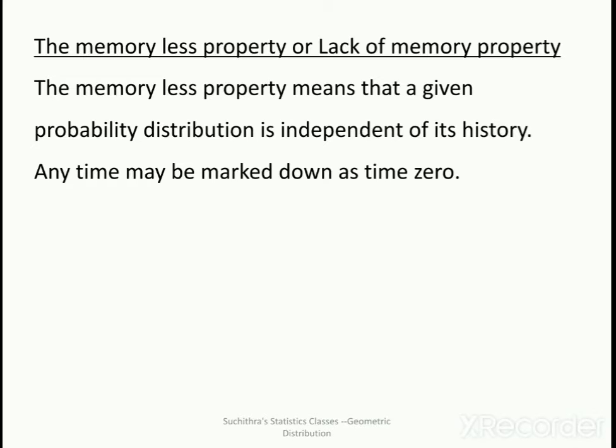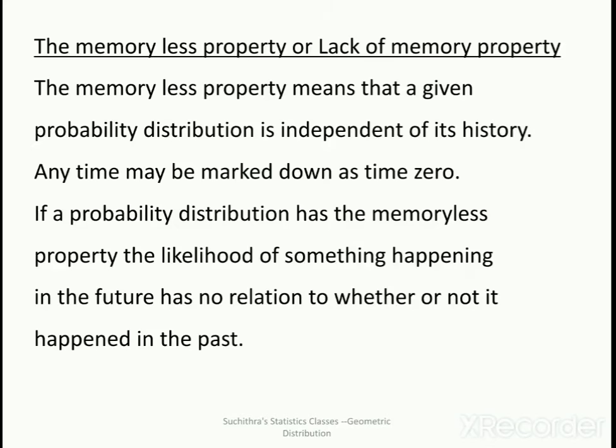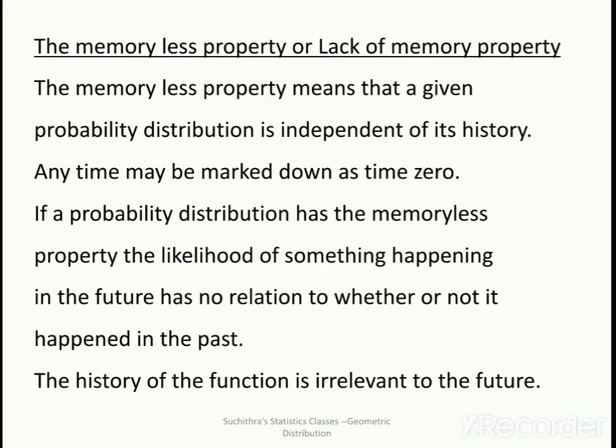Any time may be marked down as time 0. If a probability distribution has the memoryless property, the likelihood of something happening in the future has no relation to whether or not it happened in the past. The history of the function is irrelevant to the future.